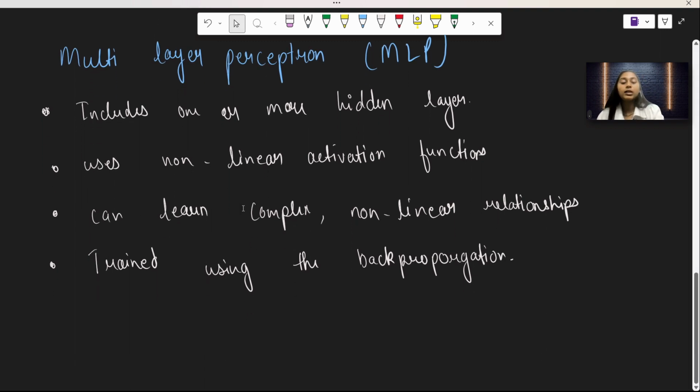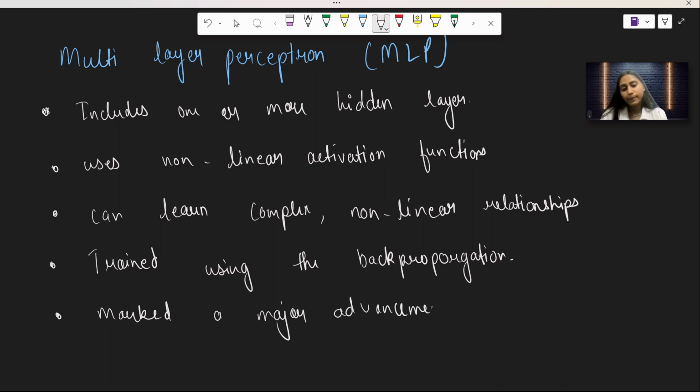Okay, so we will discuss what backpropagation is. Yes, it is marked as a major advancement and development.